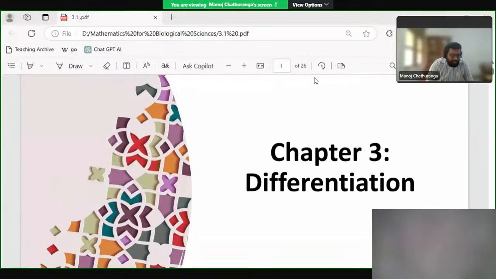Then, in the second chapter, we talked about limits and continuity. Differentiation is one of the main topics of calculus.